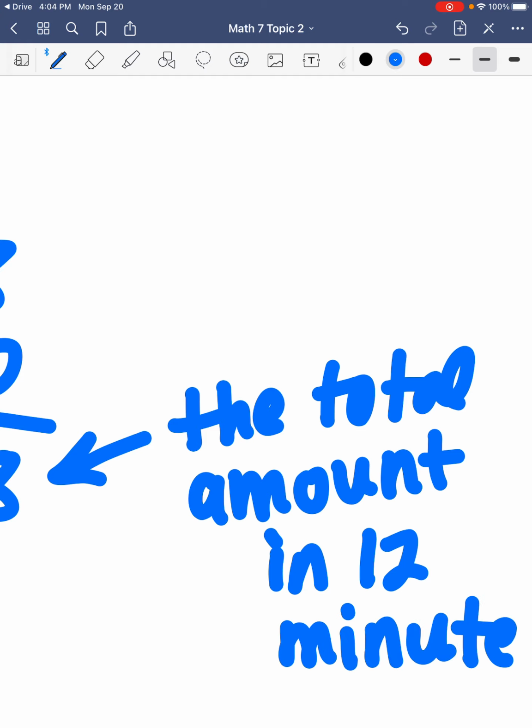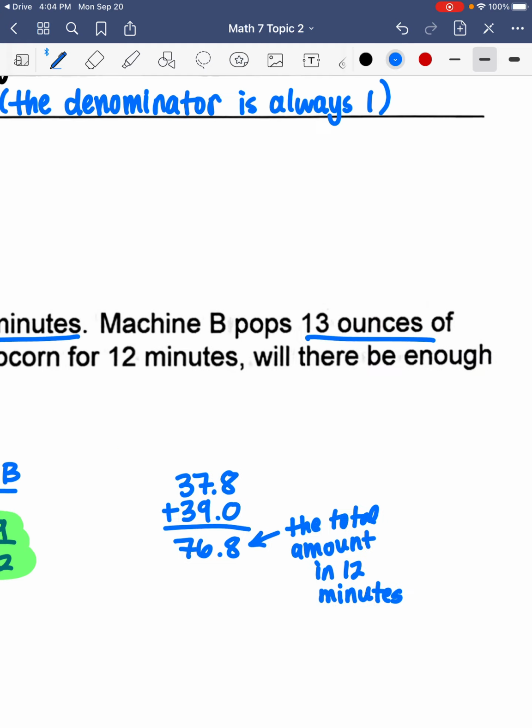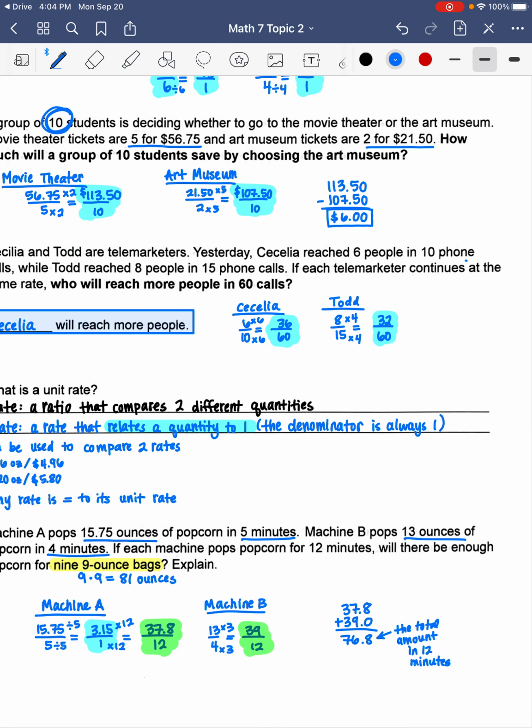But the question is, is that enough? Is 76.8 ounces of popcorn enough? And going back to what we said at the very beginning, 9 9-ounce bags is 81 ounces. So no, this is not enough popcorn.